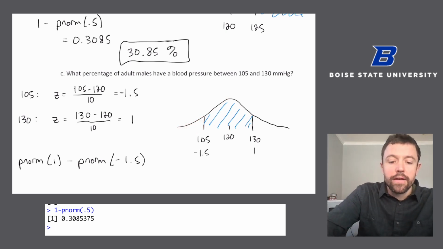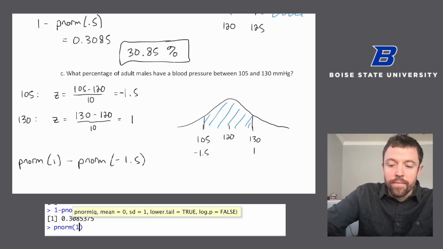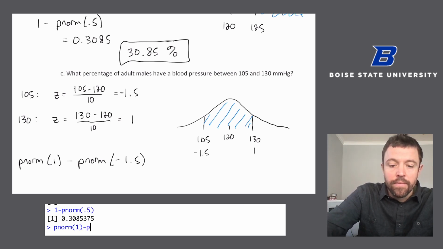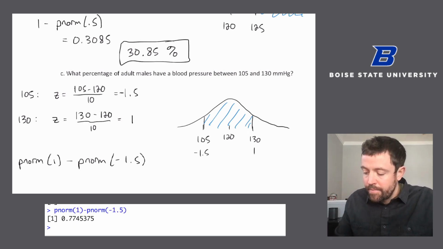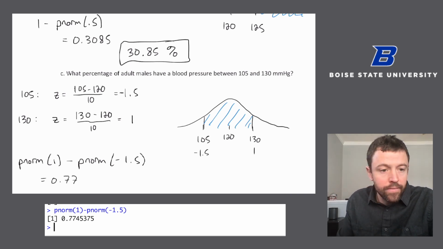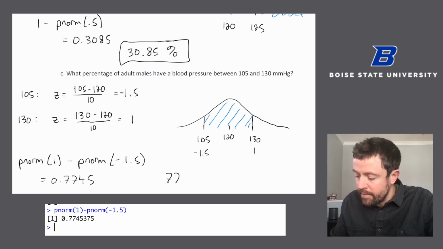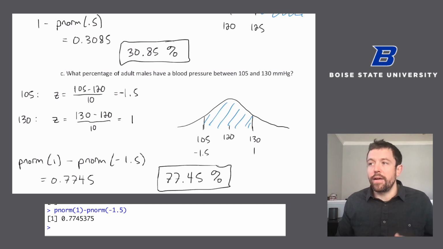So let's type that in. And we get 0.7745. And again, the question wanted us to give it a percentage. And so we'll write our area as a percentage.